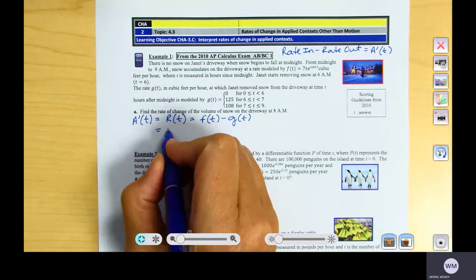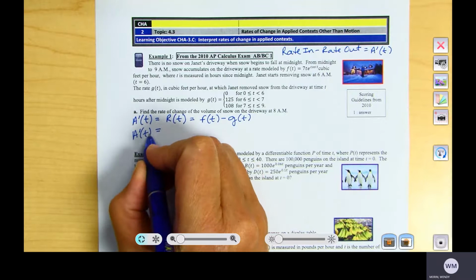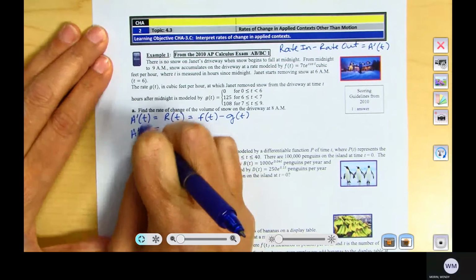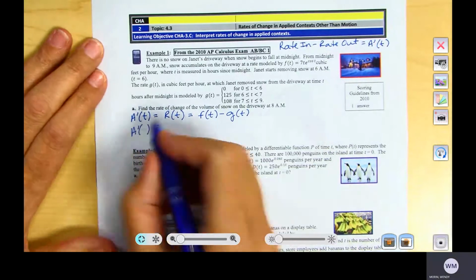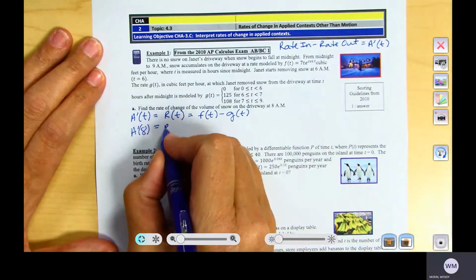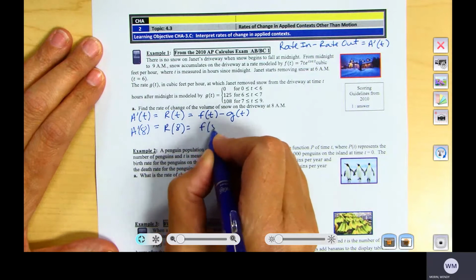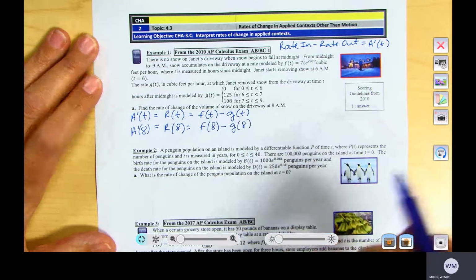They want to know 8 a.m., so that's 8 hours after midnight. F evaluated at 8 minus G evaluated at 8.